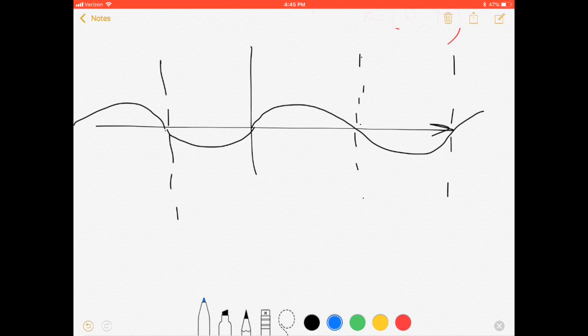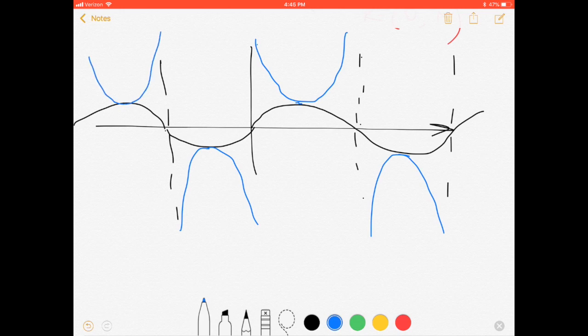and then the graph will touch at the maximum. The blue one is the graph of cosecant.